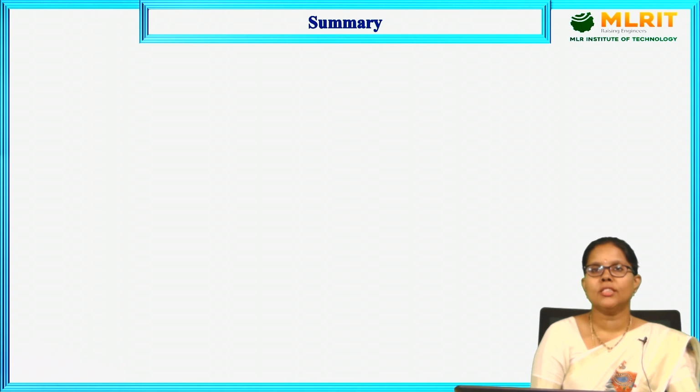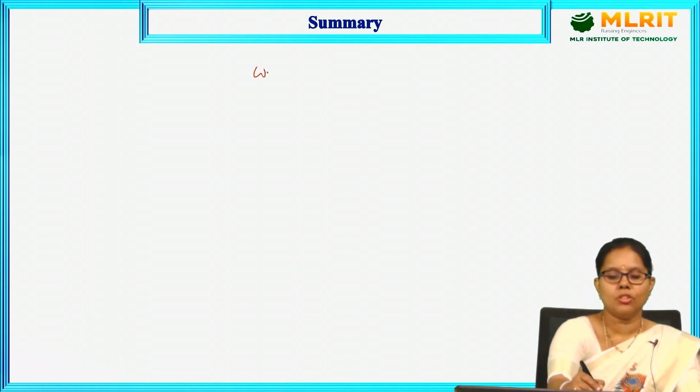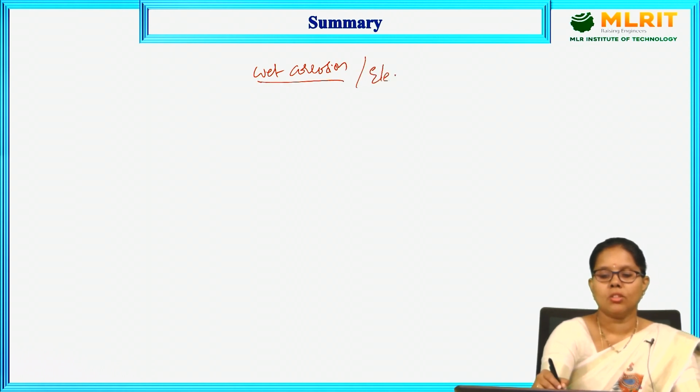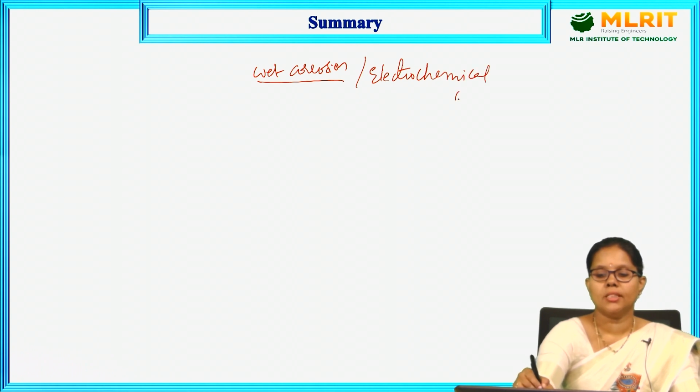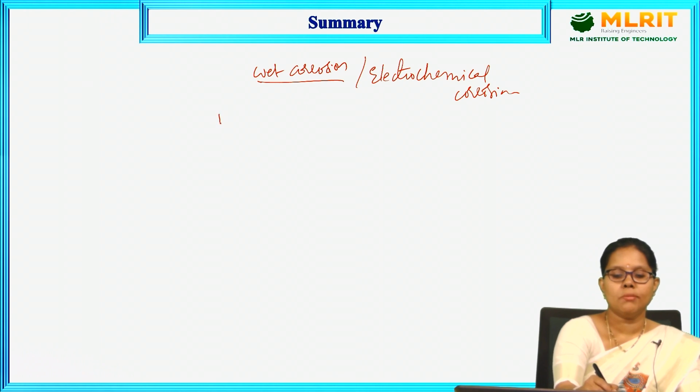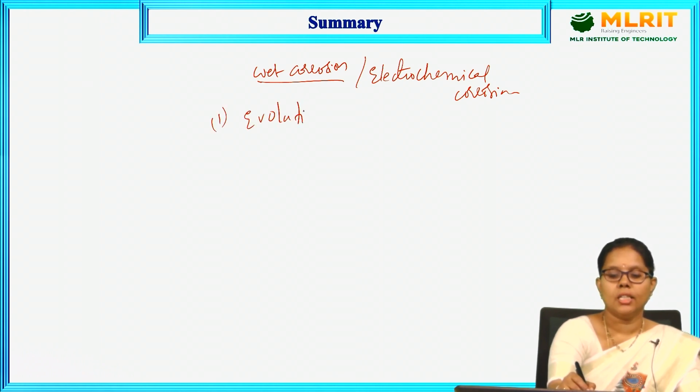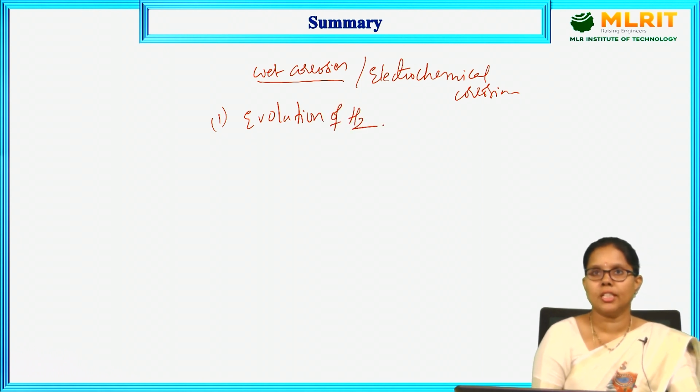Overall, in today's class, we have come across wet corrosion, which is also called electrochemical corrosion. Electrochemical corrosion is nothing but the existence of anode and cathode. Wet corrosion is of two types. The first case is evolution of hydrogen, named after the product released, hydrogen gas.